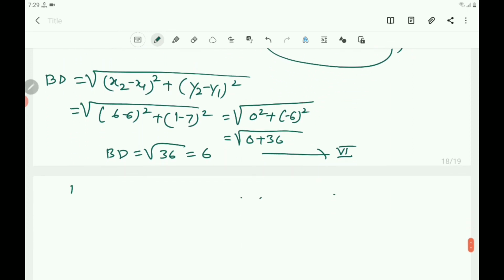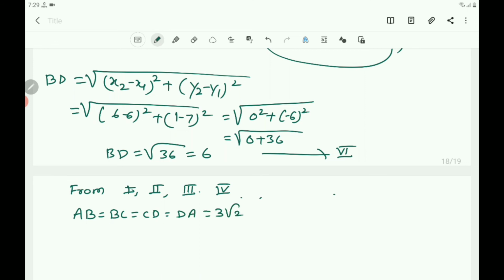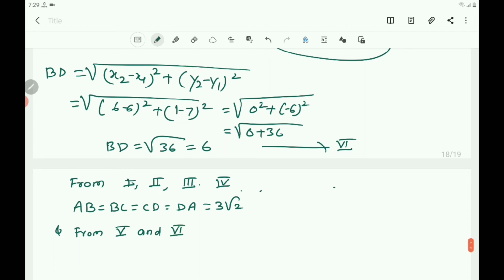So write from first, second, third, fourth, AB equals BC equals CD equals DA, all are equal to 3 root 2. And from fifth and sixth, diagonal AC equals BD, they are equal to 6.